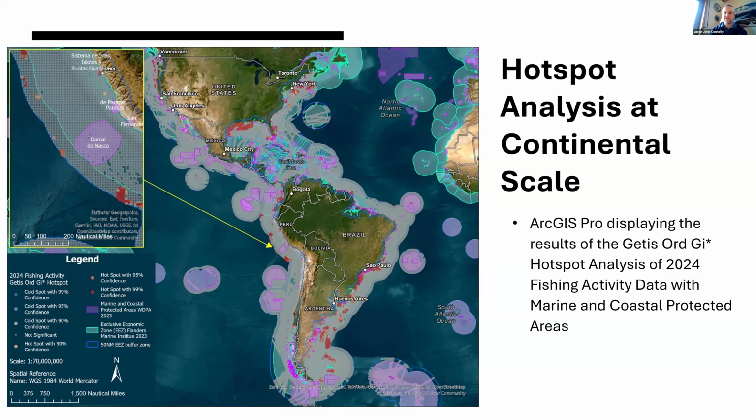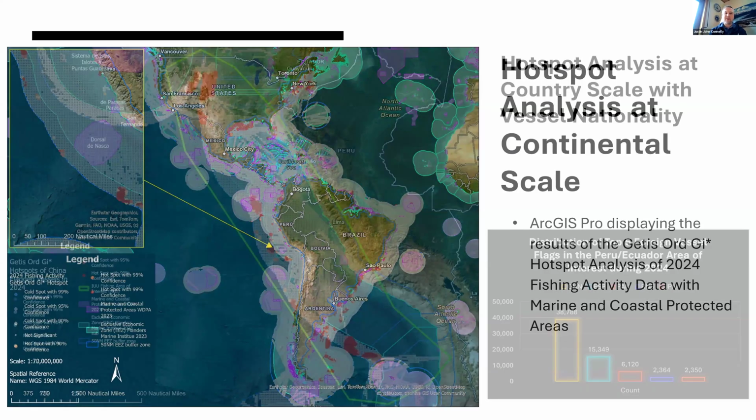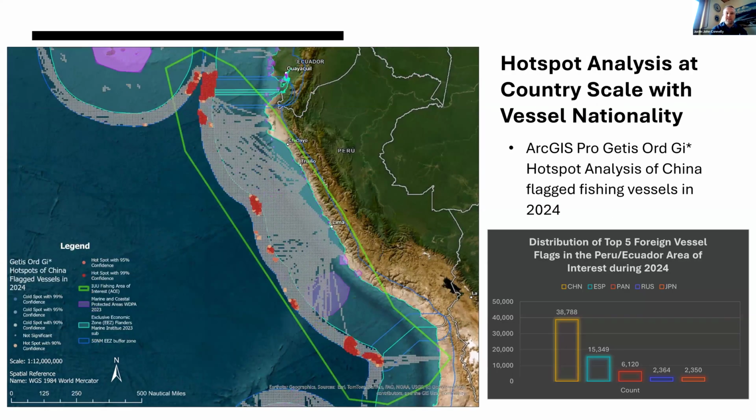All right, so let's go to the next step. Now I'm going to take that area, and that green boundary is what I'm going to call an area of interest, a common acronym in the Department of Defense. So I want to look at it a little bit closer at this kind of data. And so what I did here is I ran an analysis to determine what is the national affiliation of all of the vessels in this region.